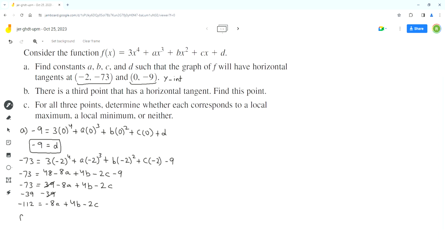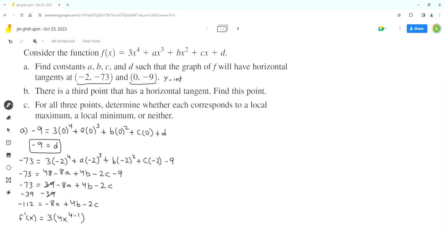So f prime of x equals, for the first term 3x^4, we know 3 is the coefficient, so it will stay as it is, and as per the power rule, the derivative of x^4 will be 4 x^(4-1).